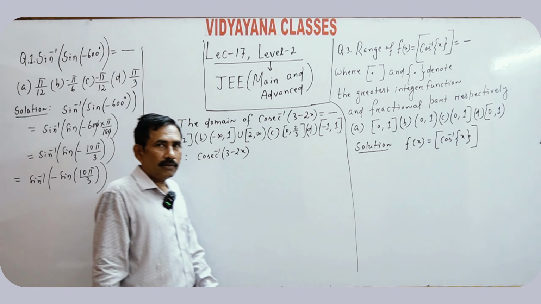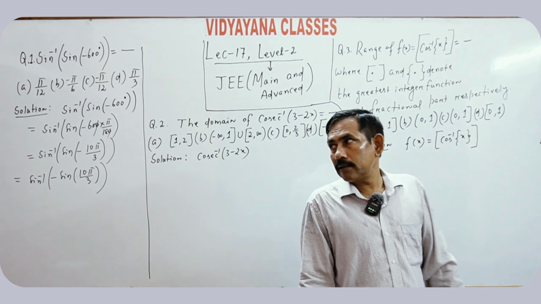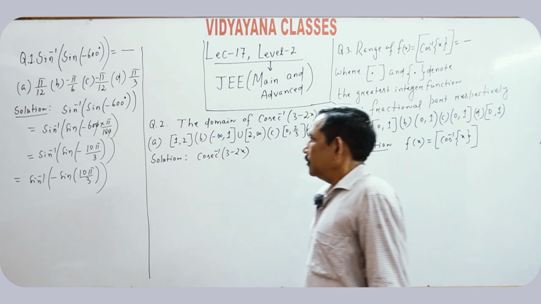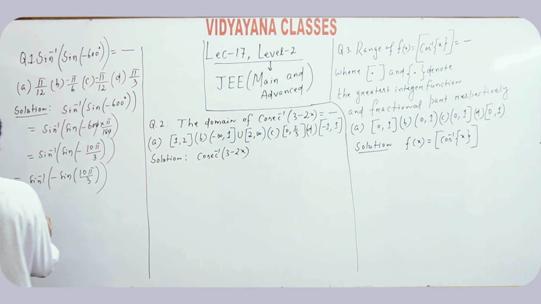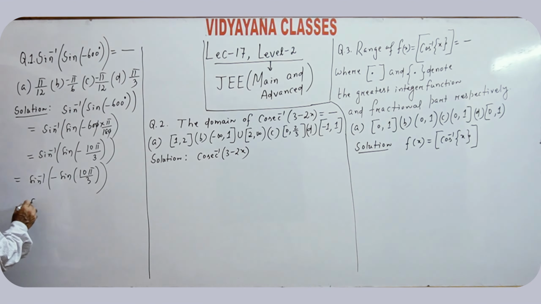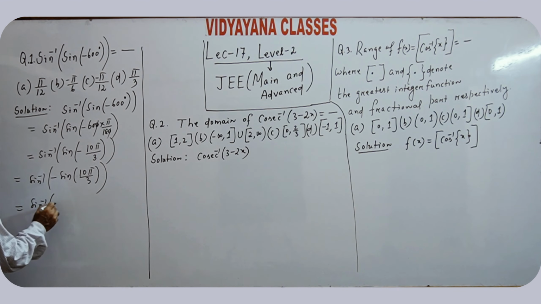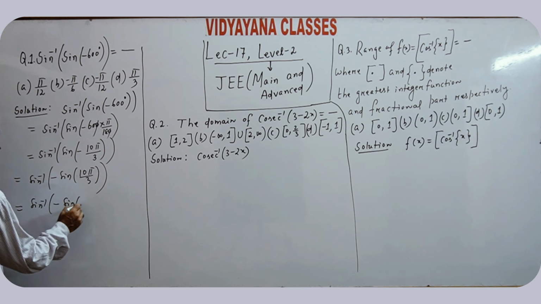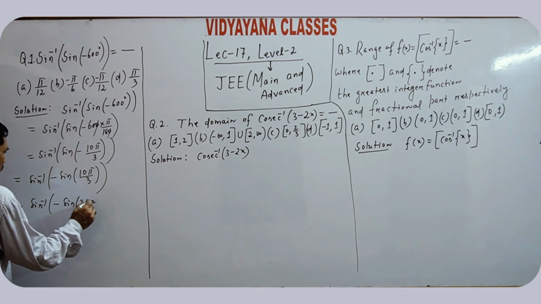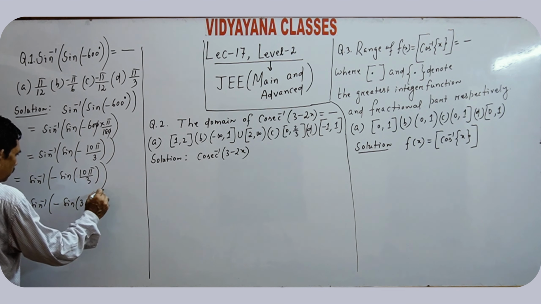Sin minus theta is equal to minus sin theta, which is same as minus sin 3 pi plus pi by 3.